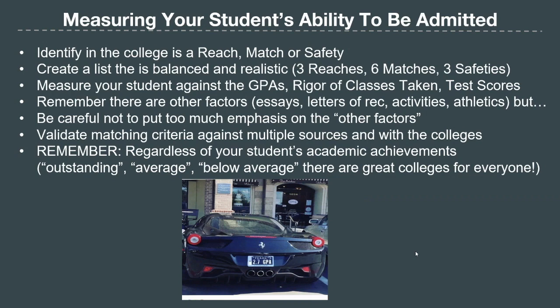You want to remember that there are other factors such as essays, letters of rec, activities, potentially athletics, but you need to be careful not to put too much emphasis on these other factors, because at the end of the day, no matter what admissions people may tell you about looking at the whole student, most of the time, colleges will look at the GPA, the types of classes that are taken, and standardized test scores, if they apply, as the first cut to decide whether or not a student is a yes, a no, or a maybe for acceptance.